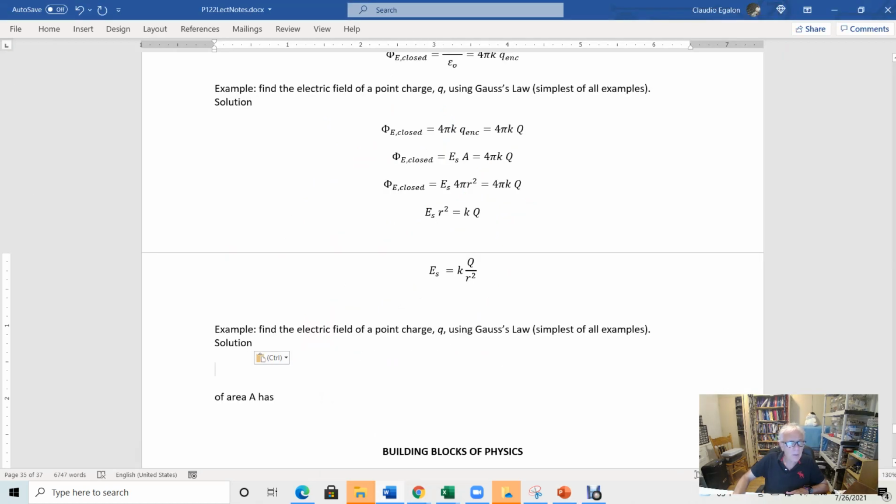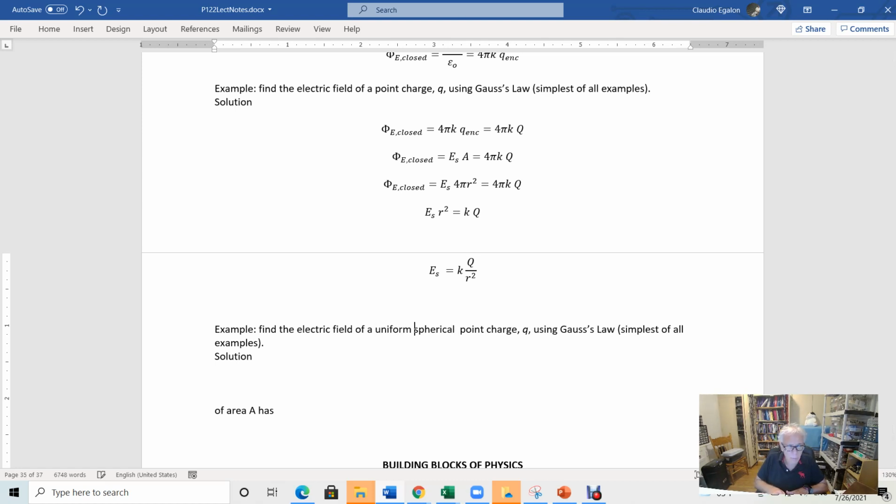Here you go. Find the electric field of a uniform spherical charge distribution, outside.